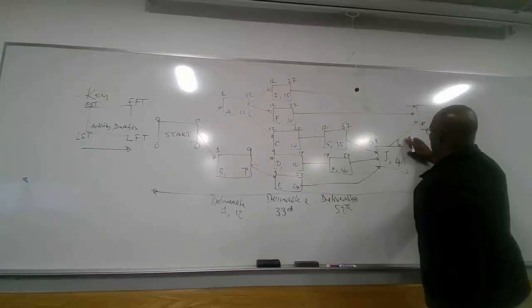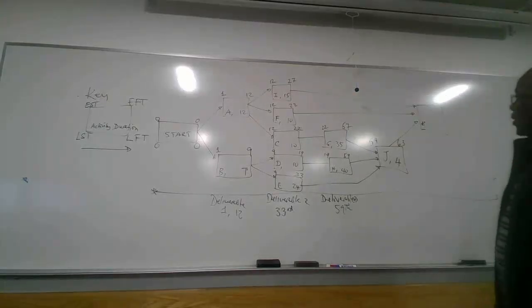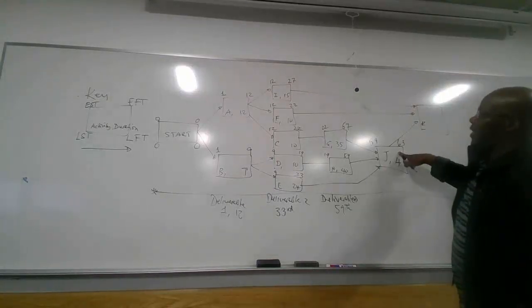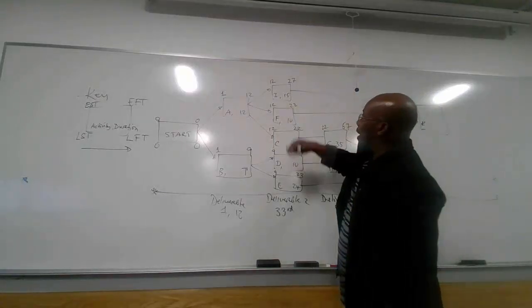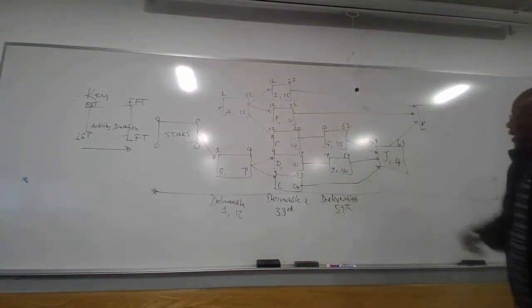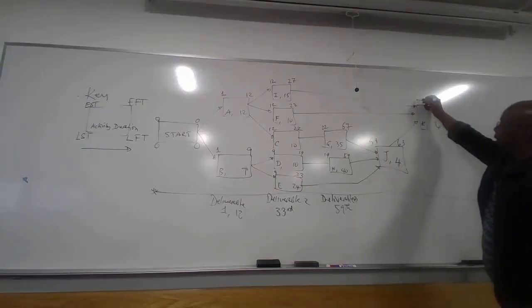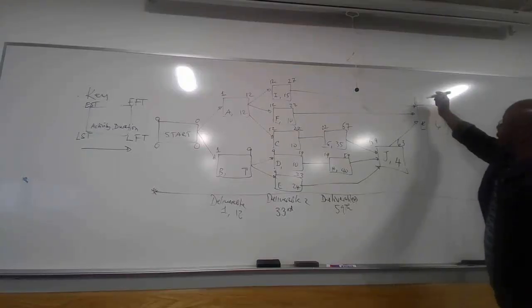59. So it will be 63. And so K will start when J is completed, not when F or I is completed. They have to wait until J is completed. So here we have 6, and it will start on the 63rd, and it will finish on the 69th.